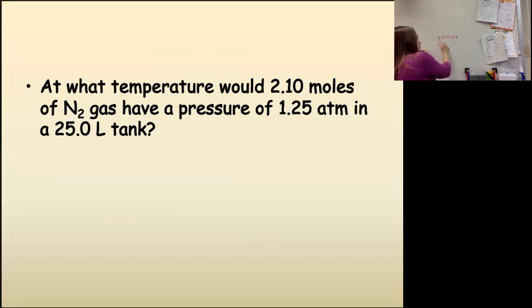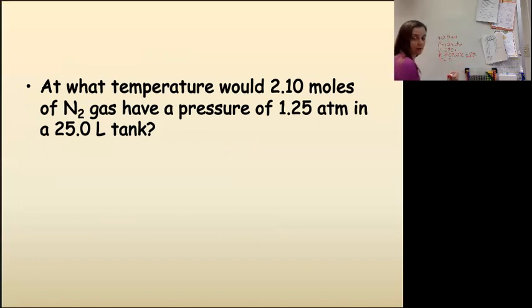Pressure is equal to 1.25 atmospheres. Volume is equal to 25.0 liters. And we know that R is equal to 0.08206 liters times atmospheres over moles times Kelvin. And we're being asked to find the temperature. So T is the thing we're solving for here.